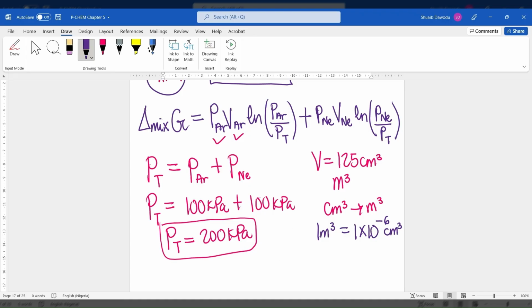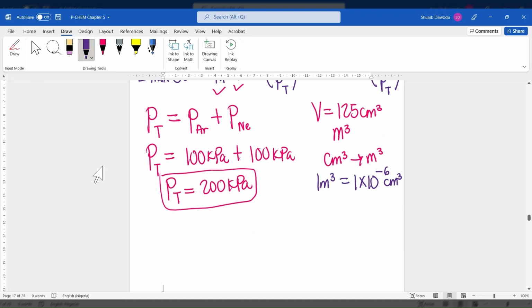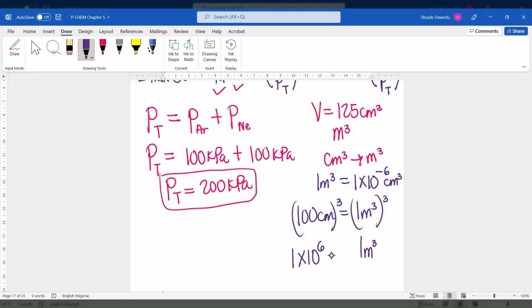Because again, if you remember your foundational units, you know that 100 centimeter is equivalent to 1 meter. When you cube both sides of it, on the right side you have 1 meter cube, because 1 meter times 1 meter times 1 meter is 1 meter cube. But on the left side, we have 100 times 100 times 100, that's just going to give you 1 times 10 raised to the power of 6. Centimeter times centimeter times centimeter will give you centimeter cube.